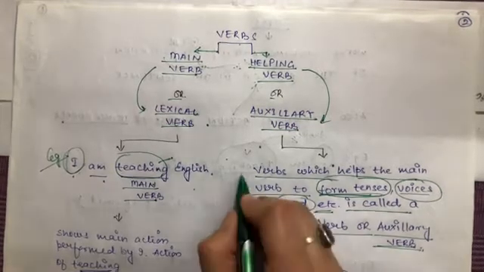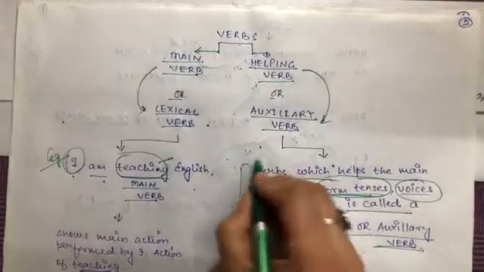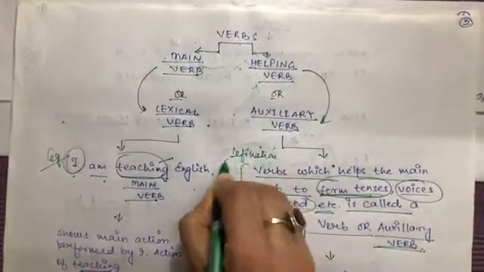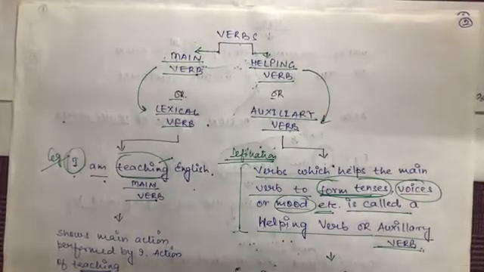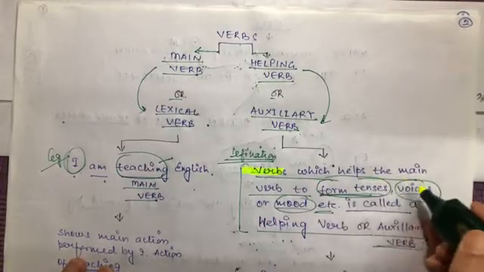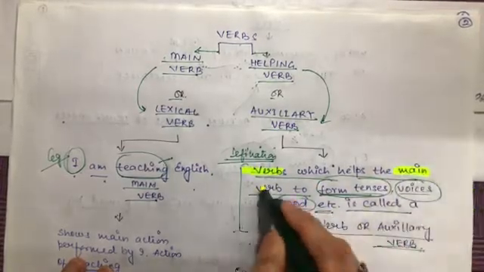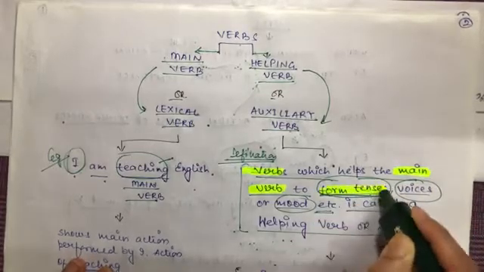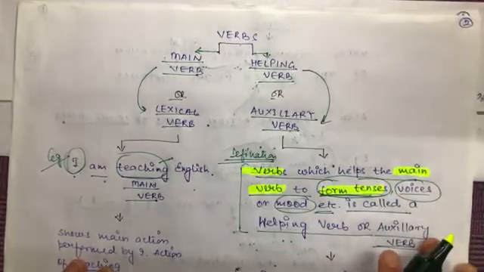So this is the definition of helping verbs. Helping verbs are the verbs which help the main verb to form tenses. They help in the formation of tenses.